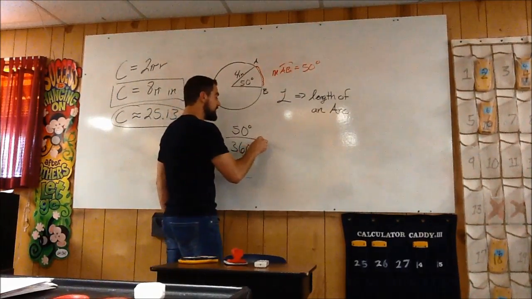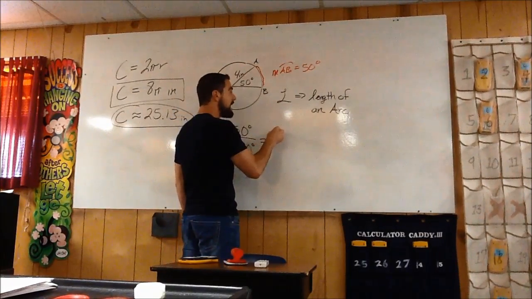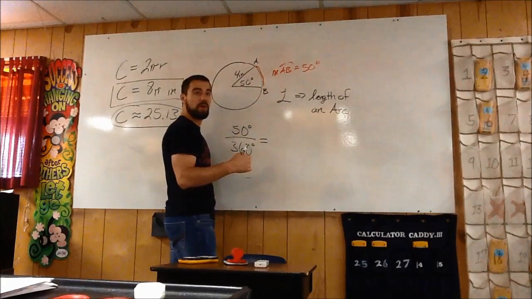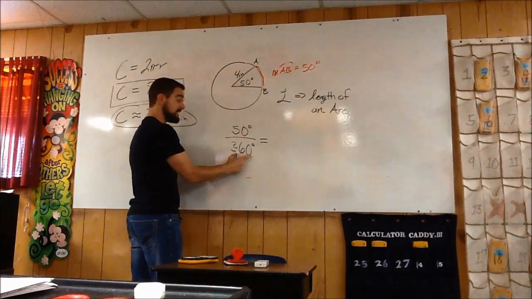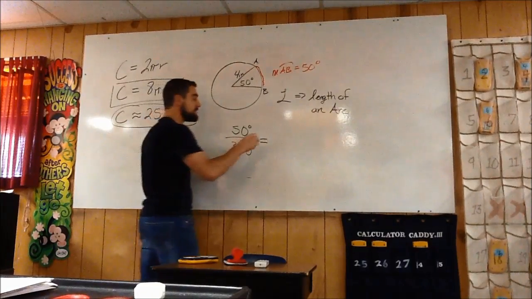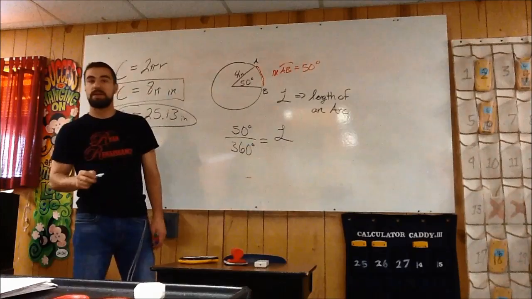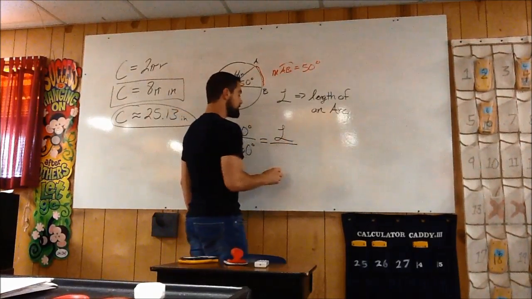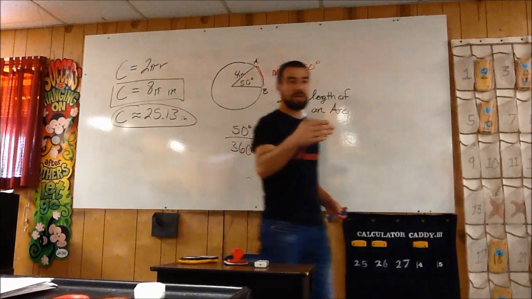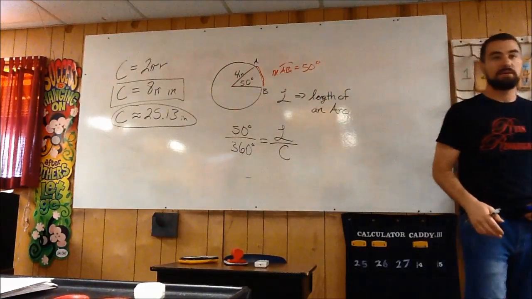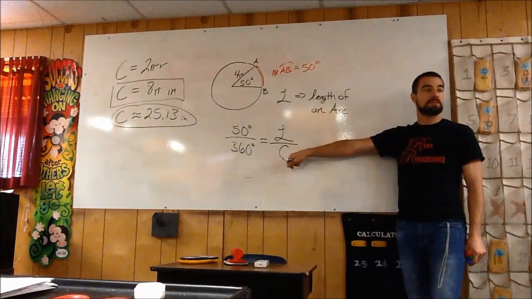And so we're going to set this equal to, and compare part over whole, because this is part of the 360 degrees, and this is the whole of the 360 degrees. And so this arc length, capital cursive L, is going to be the same ratio, the same percentage of the whole circumference.